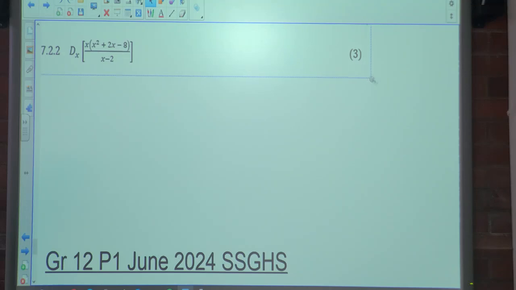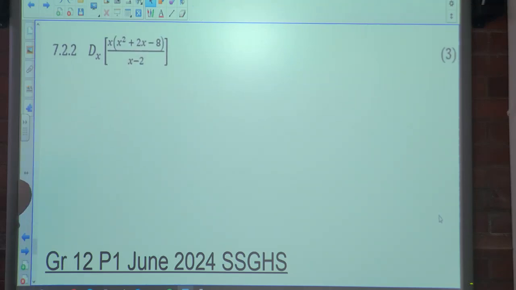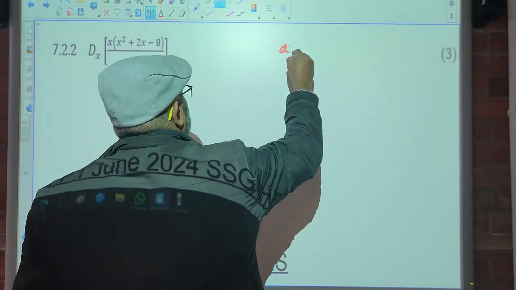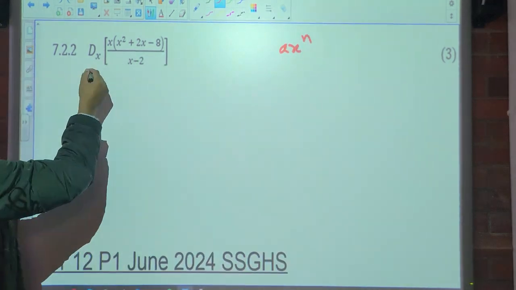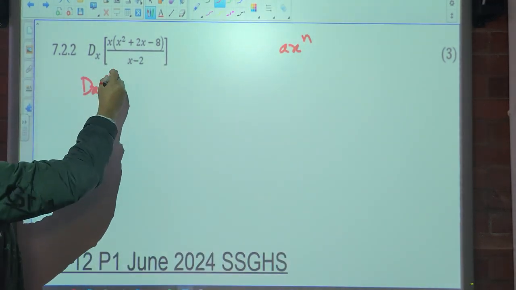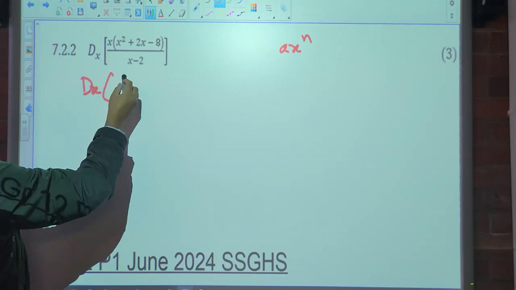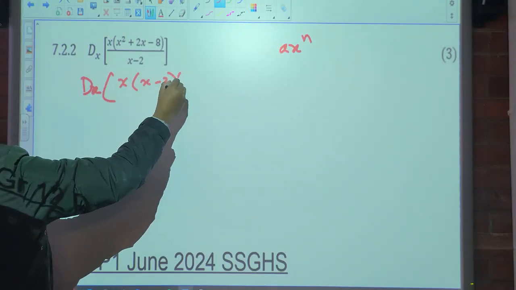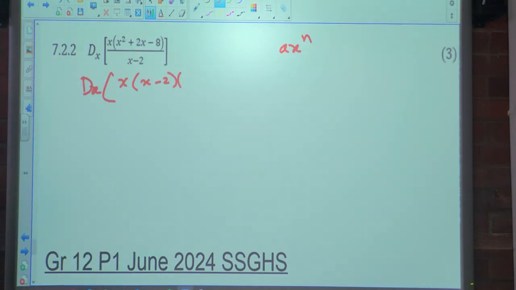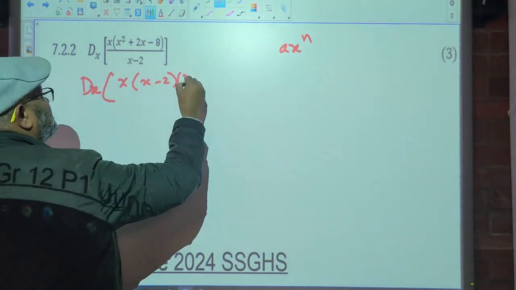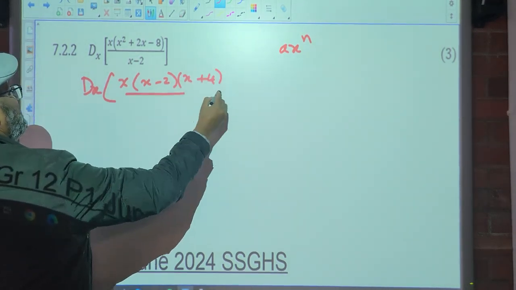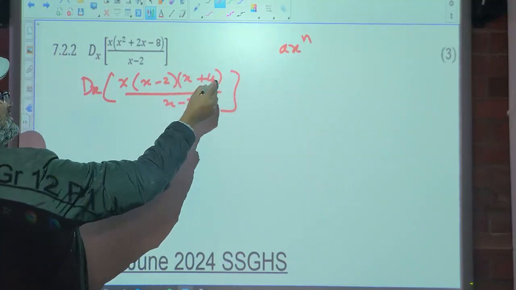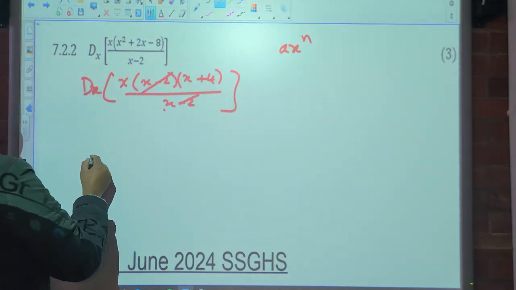7.2.2. Again, we must get it in the form of ax to the n. So this is not going to work. So factorize that, it's x into x minus 2, of course. Why do I know it's that? Because I must cancel the denominator. So it will be x plus 4 over x minus 2, and yes, it works if I multiply that up.